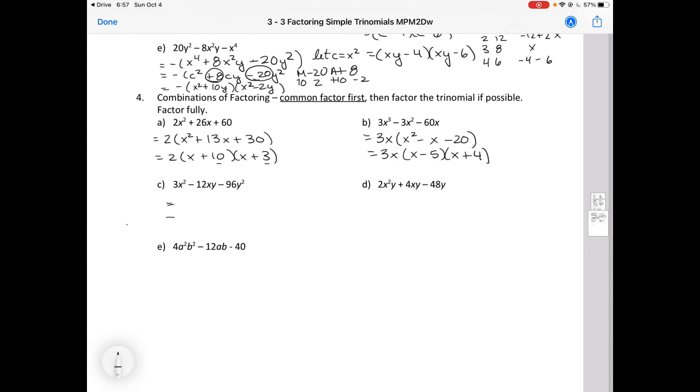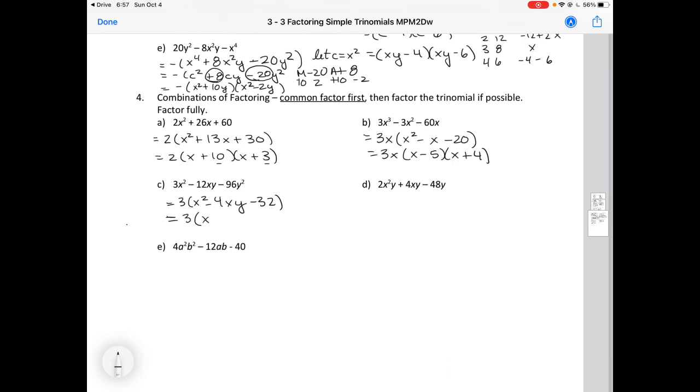My third example here, I can common factor out a 3 from each of those terms. That's going to leave me with x squared minus 4xy minus 32y squared. So now I'm looking for two numbers that multiply to minus 32 and add to minus 4.